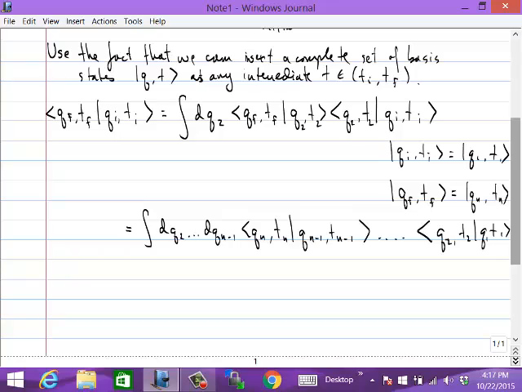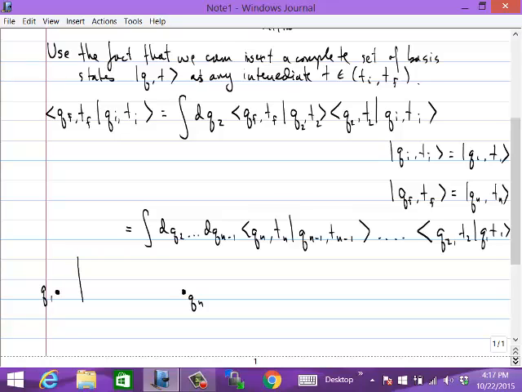If you want a picture in your mind associated with this, you should imagine a particle that starts at a position q1 at some initial time and ends at some position qn at some final time.